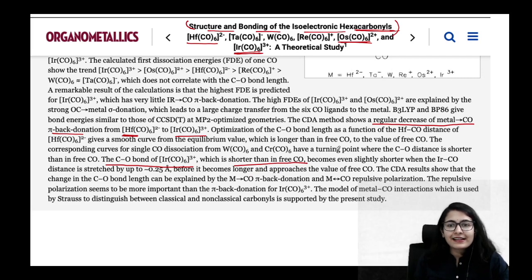Yes, this is very, very important: the carbonyl bond of iridium complex is shorter than the free carbonyl, which means that the carbonyl stretching frequency of iridium complex is going to be higher than the free carbonyl because the bond is shorter. Pi back bonding is not there at all. So this is going to be shorter than the free carbonyl. You can read the whole paragraph, guys. It is up to you.